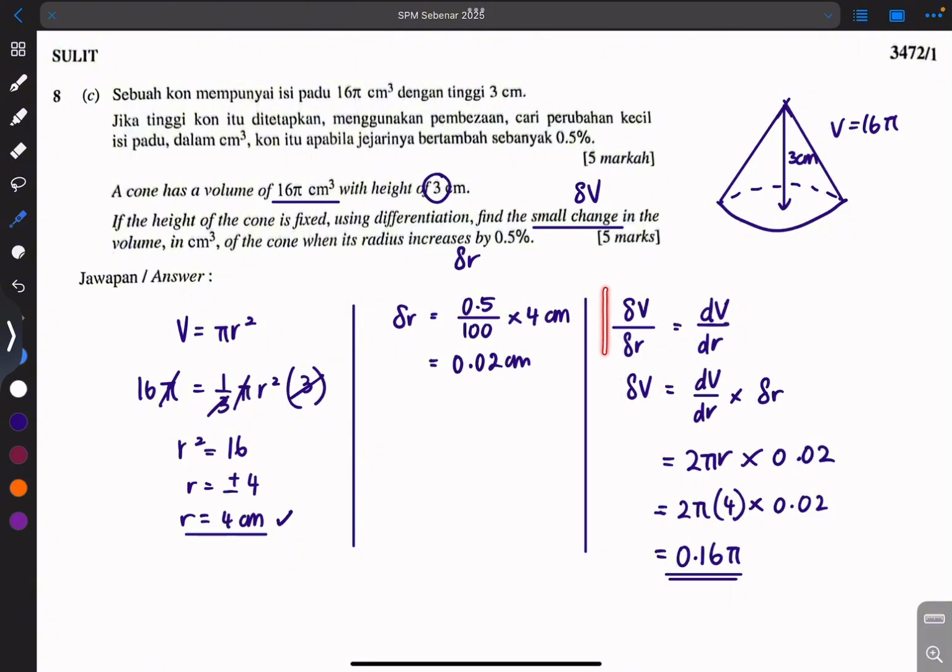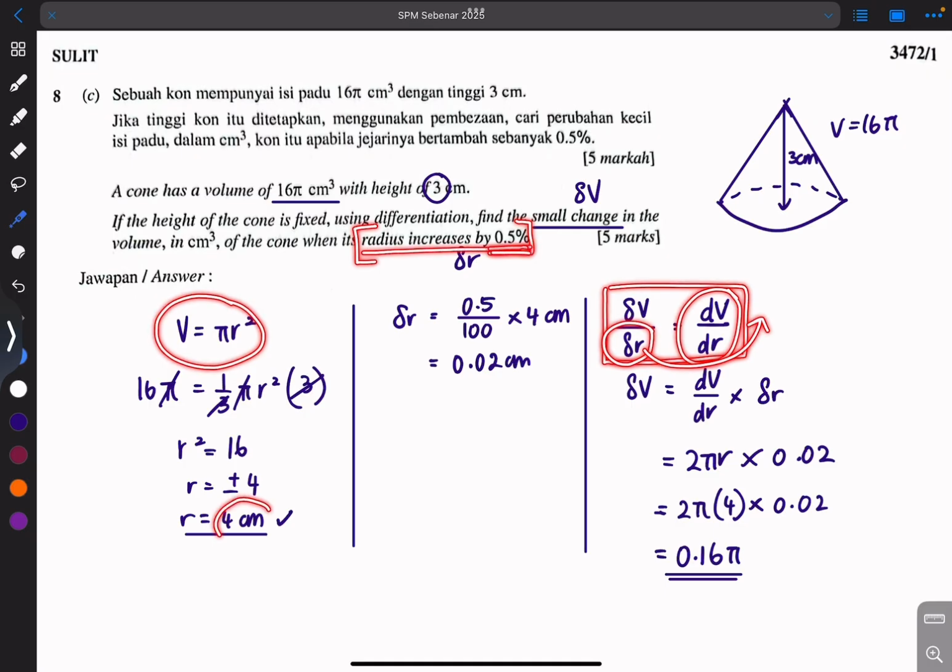So the main equation is this. dV dr we find from the volume formula. Delta R must be multiplied here. Delta R we found using the percentage of change they gave us. They gave that the radius increases by 0.5%. So we know the radius is 4, so it has increased by 0.5%, which means 0.02 cm has increased.